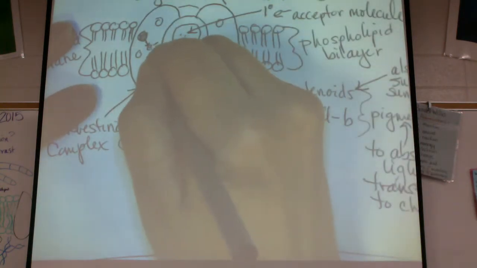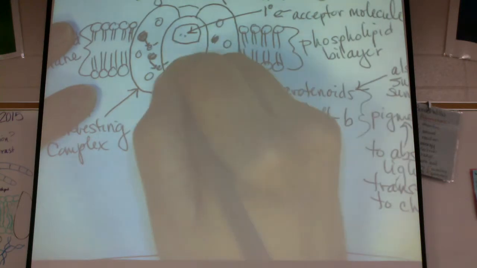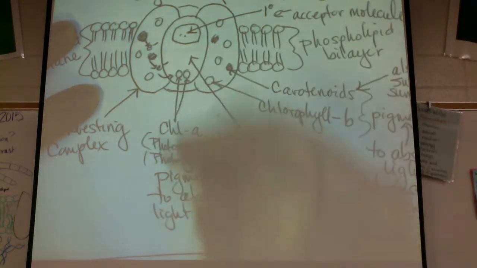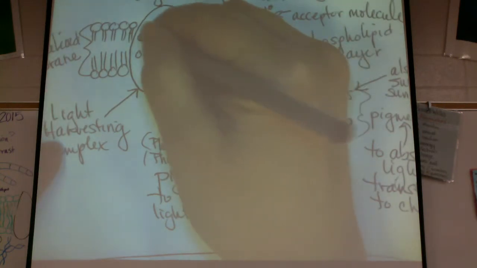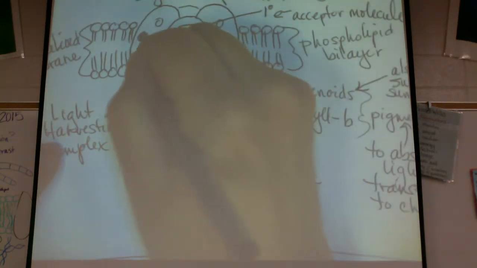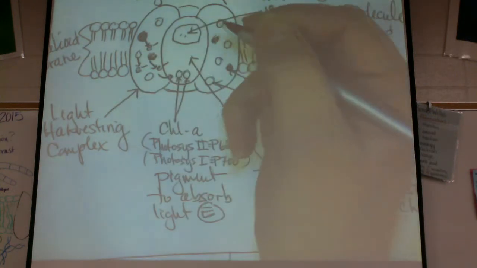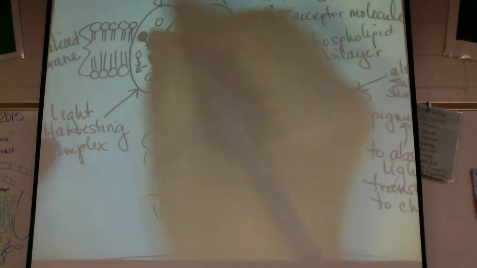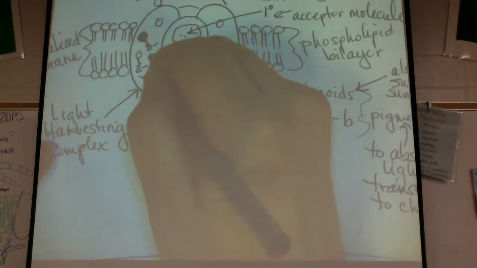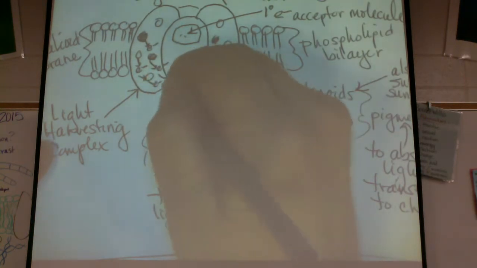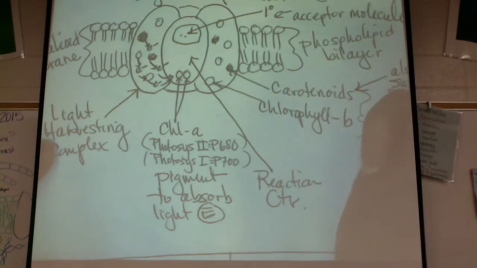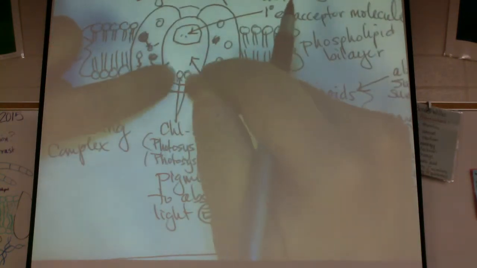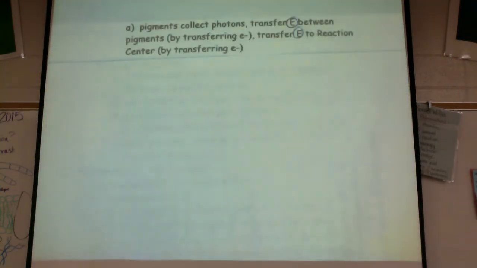Those electrons that are getting flung off then get transferred over here to chlorophyll A and get them doubly excited. Doesn't matter if it's a carotenoid or if it's chlorophyll A, they're all pigments, when they get excited, they fling electrons. And then they start transferring, and this one makes this one excited, and it flings off its electron, and then it starts giving its electron this way. So everybody gets excited here and passes on the love to the middle with the chlorophyll A. Okay?